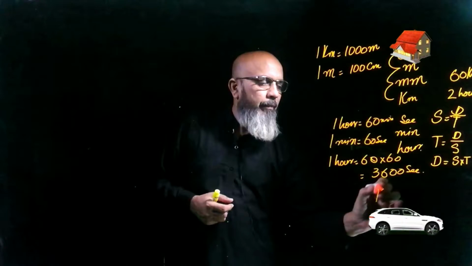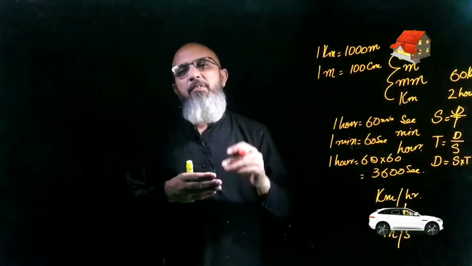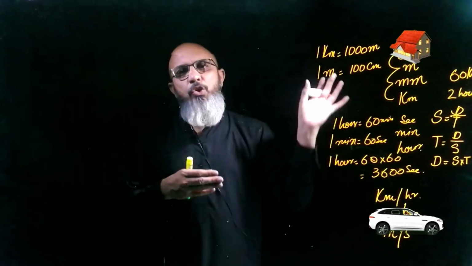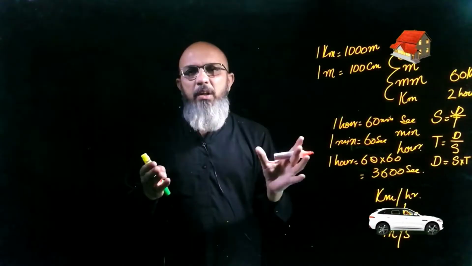For the time we need these units. And one more thing, you need to calculate the time duration, not the time. Means if you leave your office for home at 2 p.m. and you reach home at 2:30 p.m., you don't need 2 p.m. or 2:30 p.m. You need the time duration which you travel, from 2 p.m. to 2:30 p.m. So your time duration in this slot is 30 minutes, means half an hour.